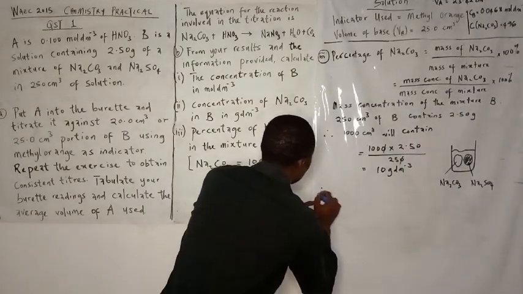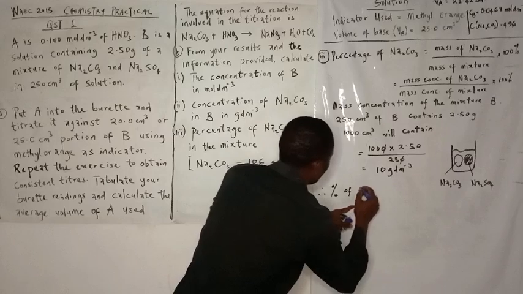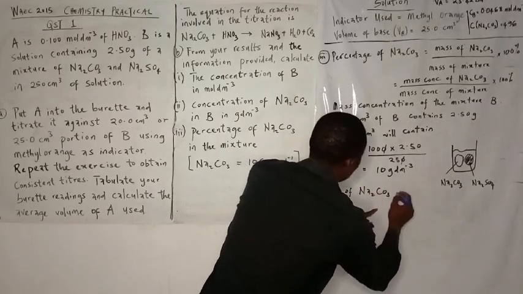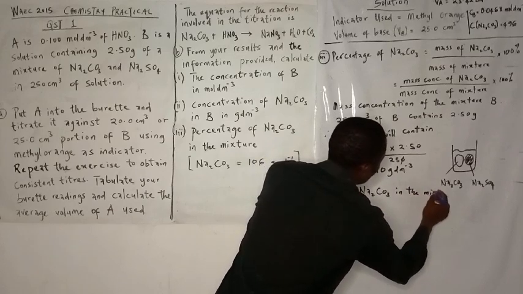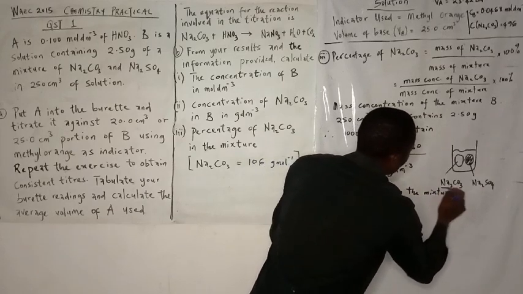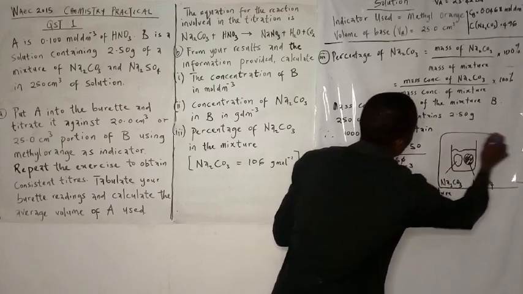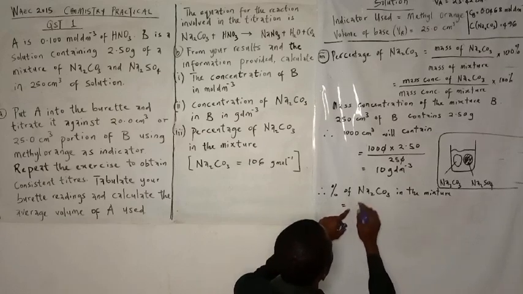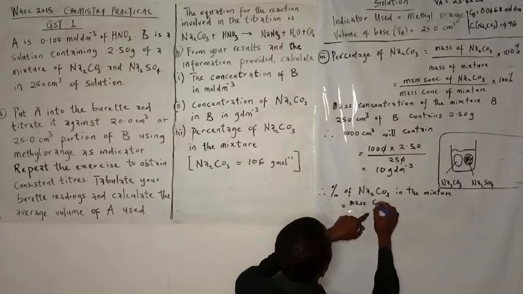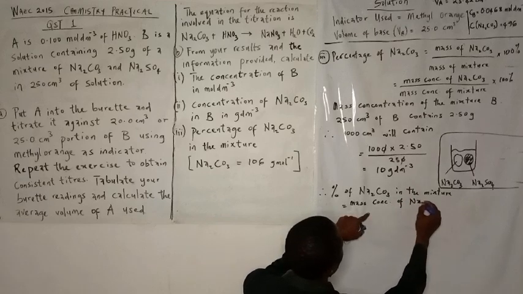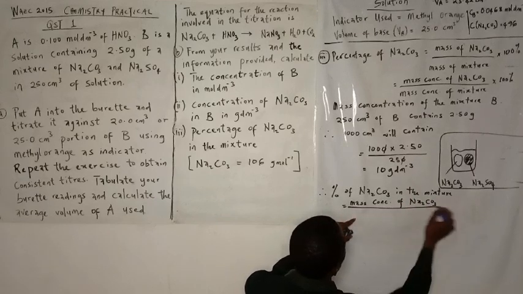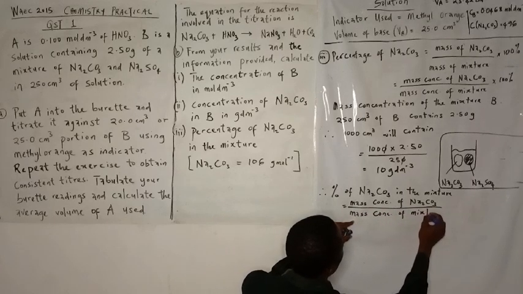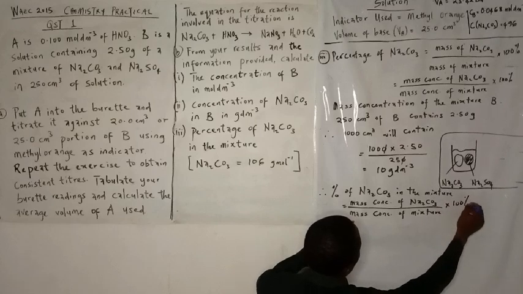So therefore, we can say that the percentage of Na2CO3 in the mixture is equal to the mass concentration of Na2CO3 all over the mass concentration of the mixture times 100%.